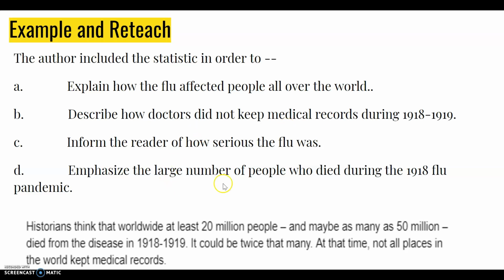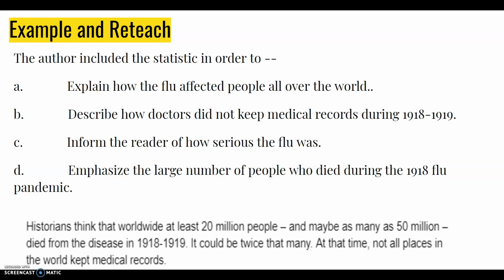And so down here, let's go ahead and read this together. It says, historians think that worldwide at least 20 million people and maybe as many as 50 million died from the disease in 1918 to 1919. It could be twice that many. At that time, not all places in the world kept medical records.